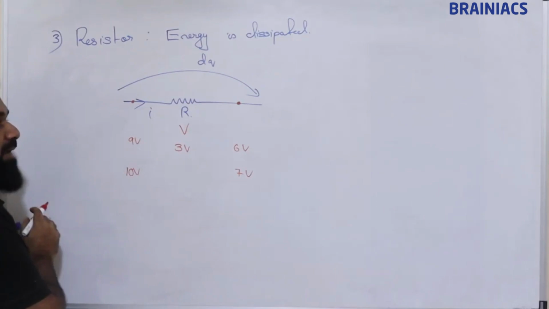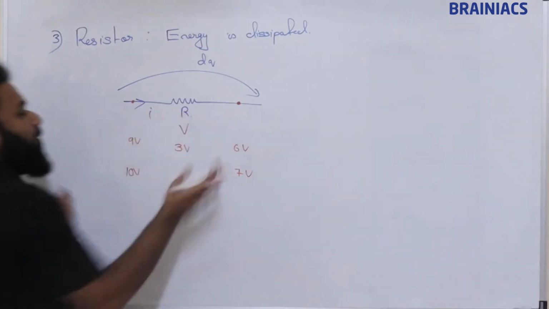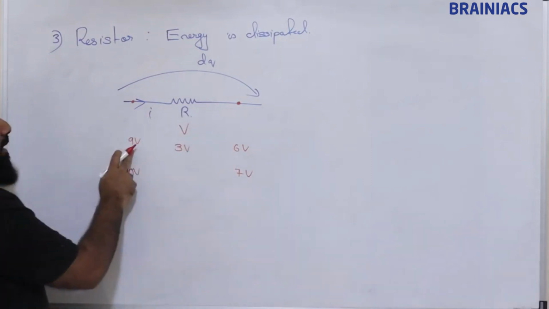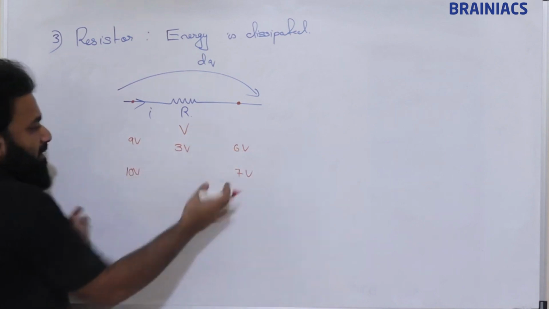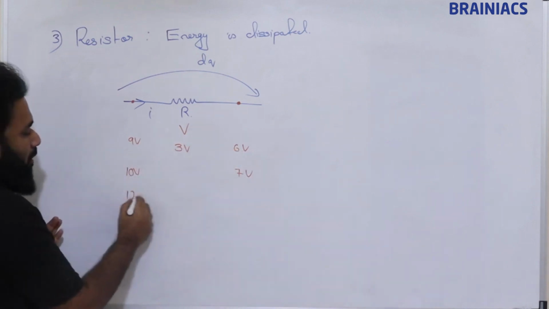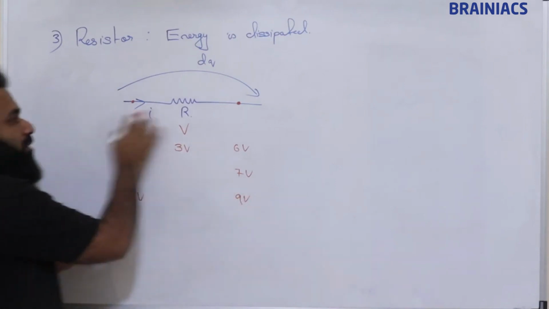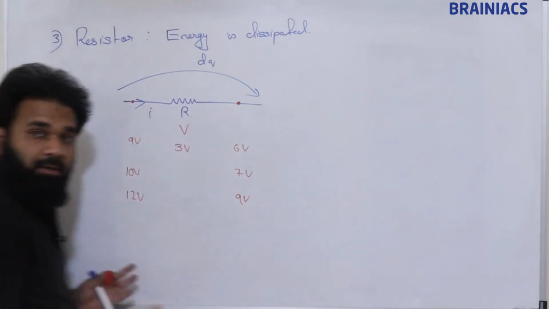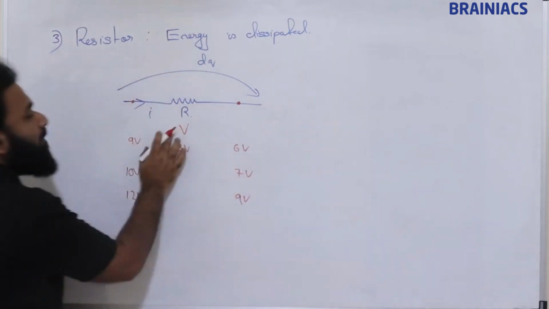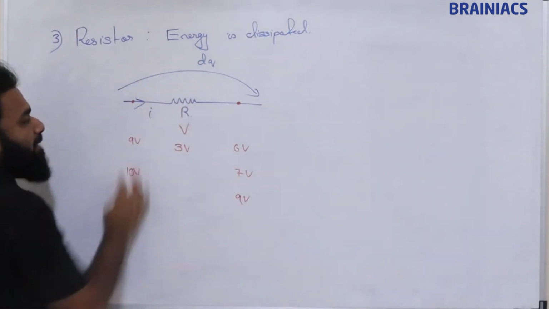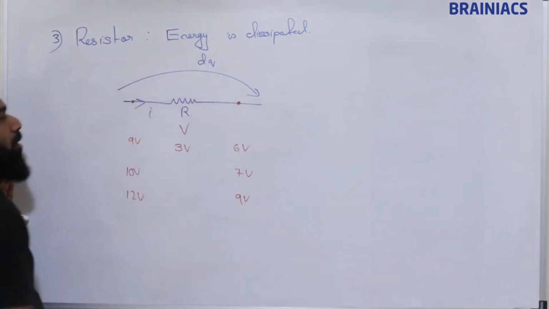But one thing we can say: the difference of potential between this point and this point is 9 minus 6, 3, or 10 minus 7, 3, or 12 volt minus 9 volt, 3. The potential difference will always be 3 in this case. So whatever potential drop happens in the resistor, that much will be the potential difference between these 2 points.